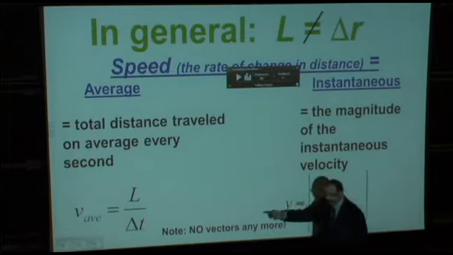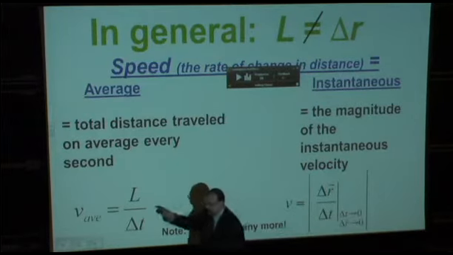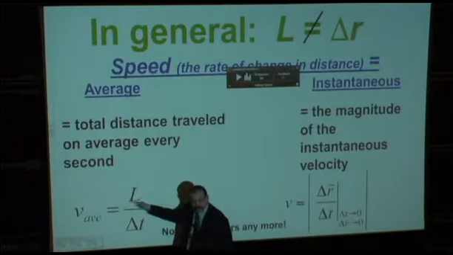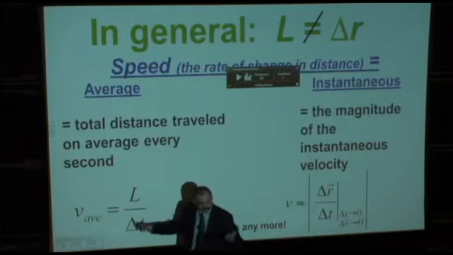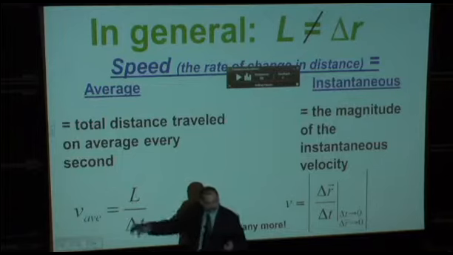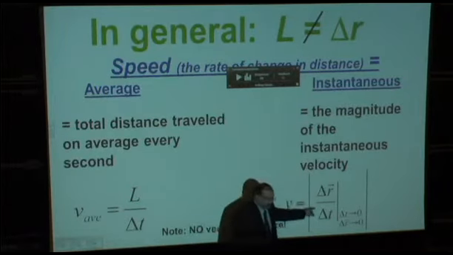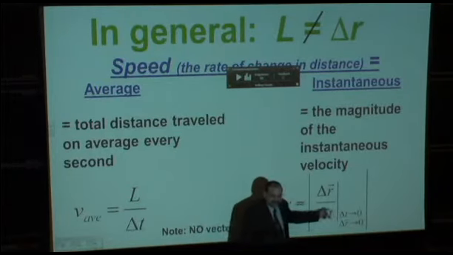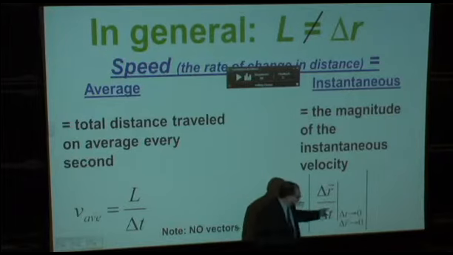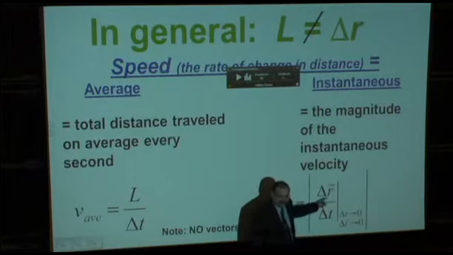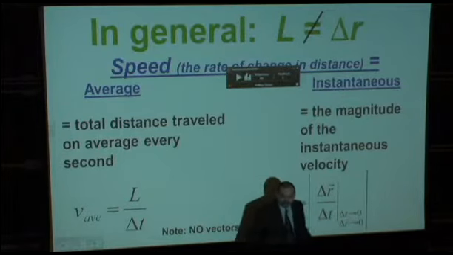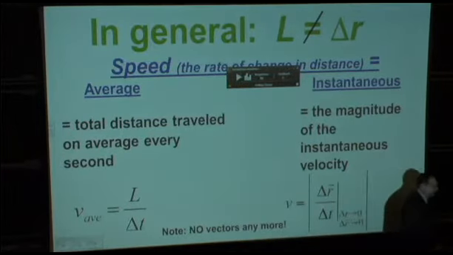To calculate average speed, first we need to calculate or measure the total distance traveled. Then we need to measure time, divide the two numbers, done. To calculate or measure instantaneous speed, we need to calculate or measure instantaneous velocity first, and then take its absolute value, take its magnitude.